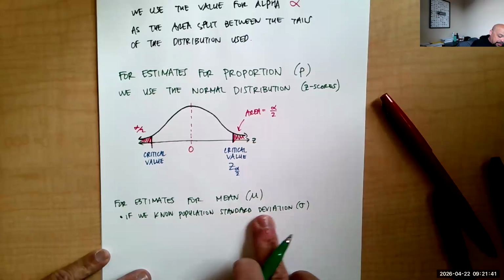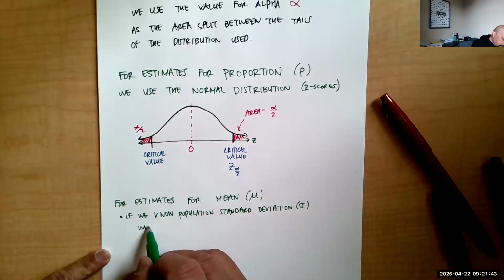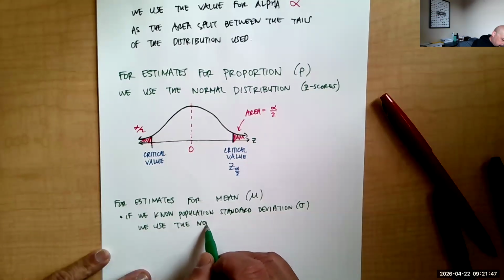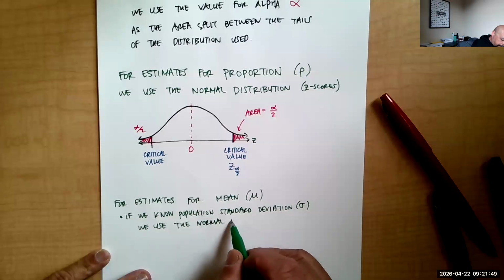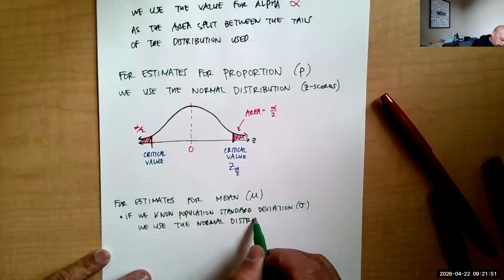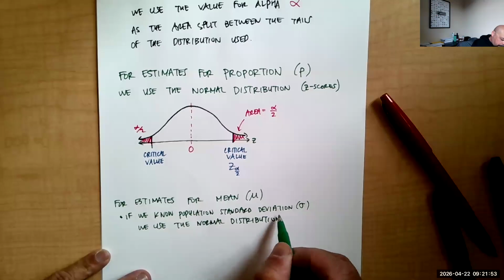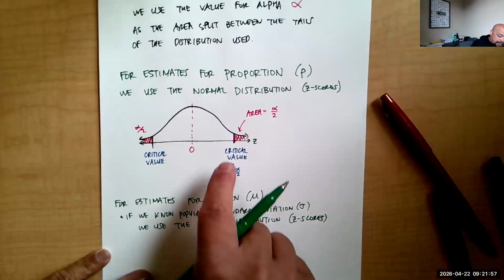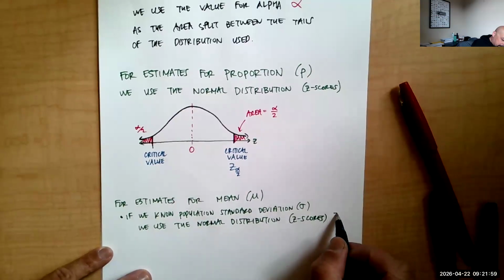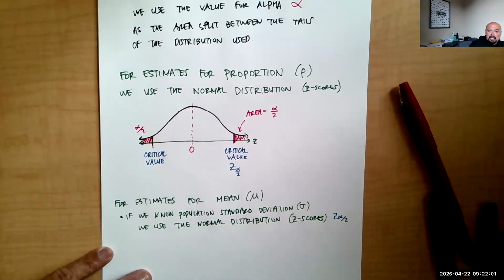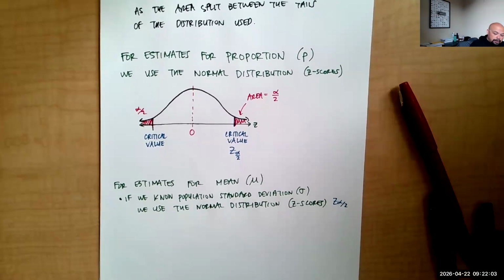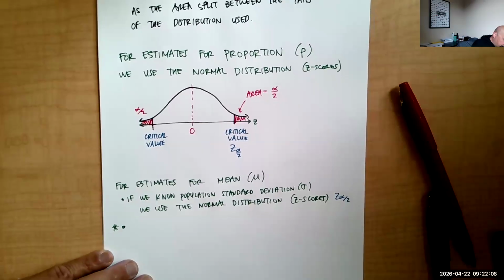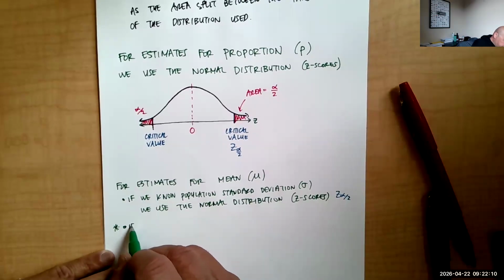But if we know that population standard deviation, we use the normal distribution, those z-scores again. And so in terms of our cutoff value, very similar to up here, right? We're going to see those z sub alpha over 2, just like proportion. But much more common, a little star next to this one, this is more common, right?